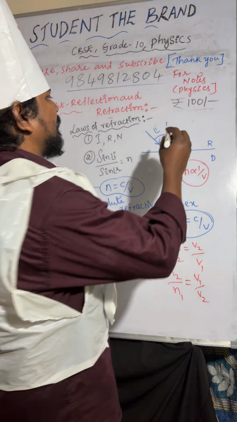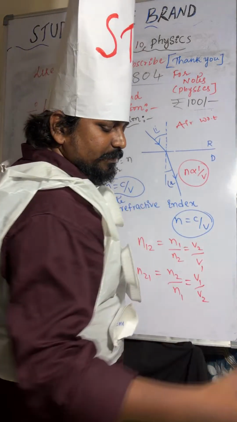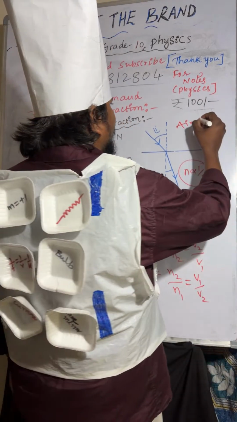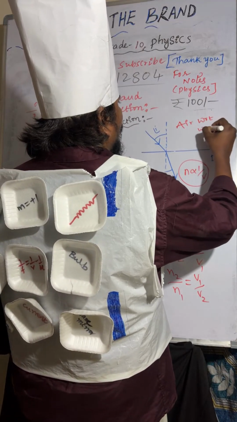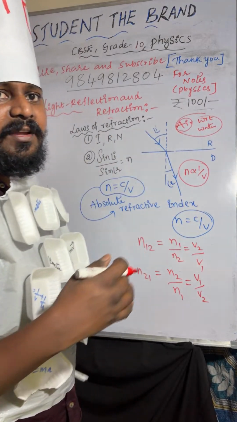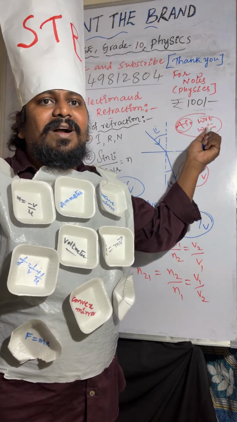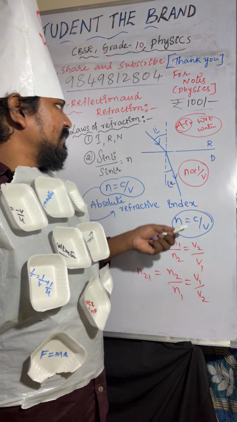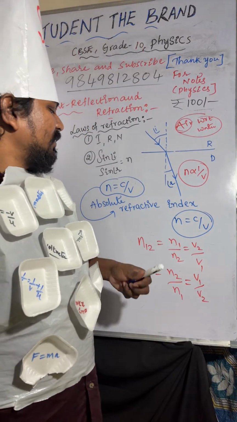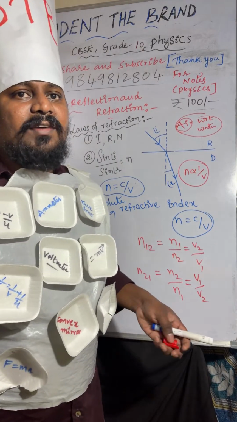If you take air with respect to water, air comes first, so you write air first, then water next. So n12 equals n1 by n2, which is equal to v2 by v1.